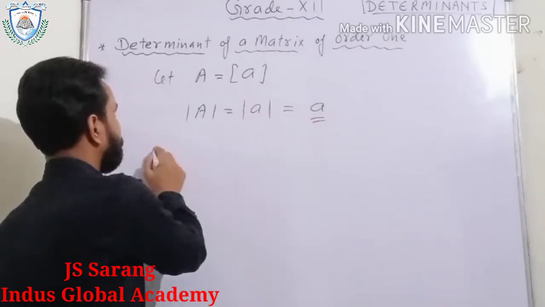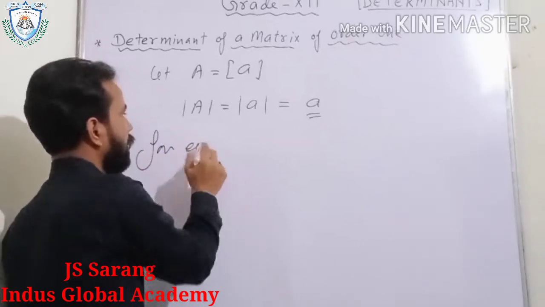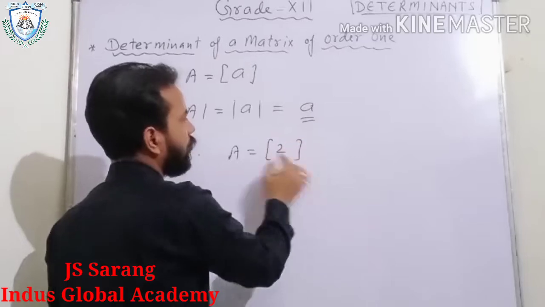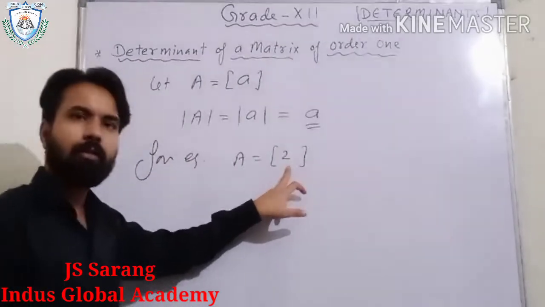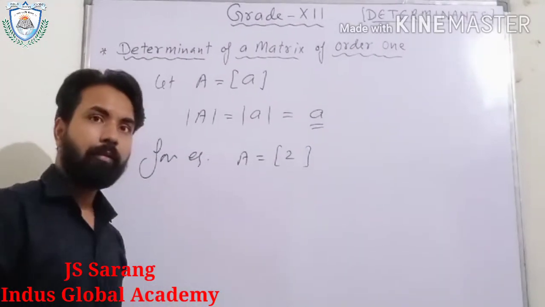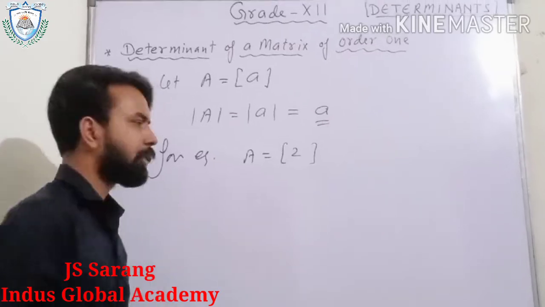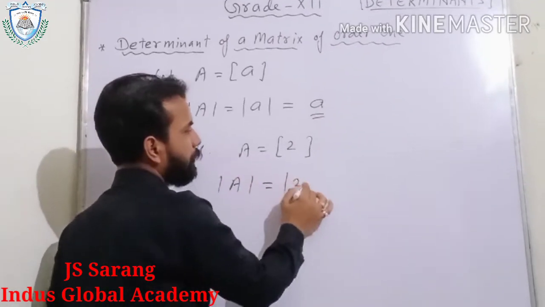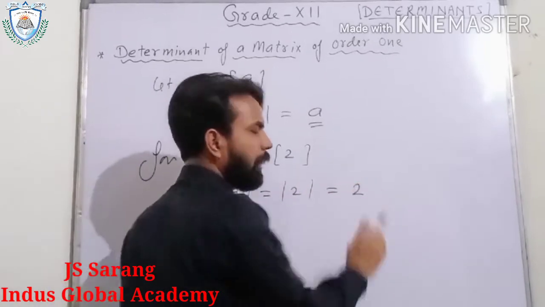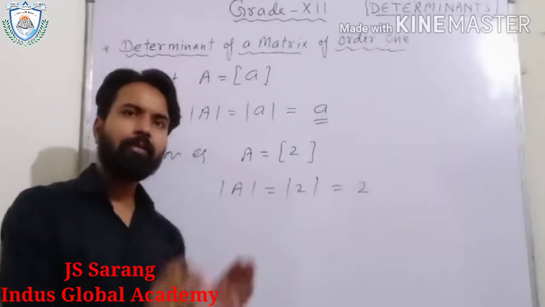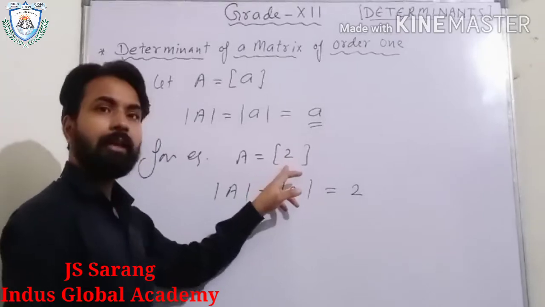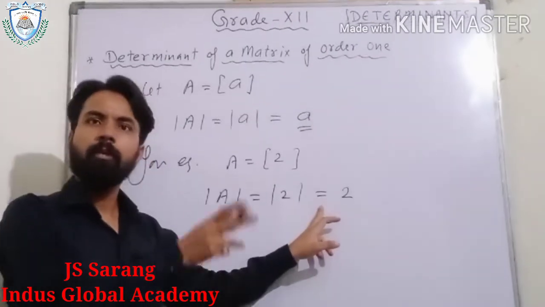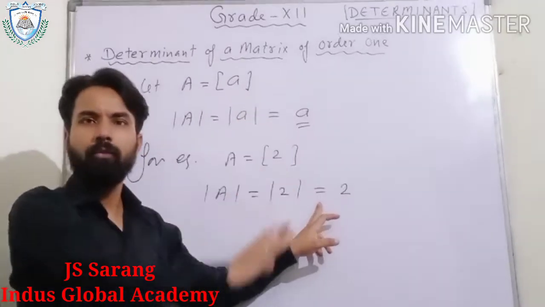For example, I am considering another matrix of 1 by 1 order whose element is only 2. In a 1 by 1 matrix there is only one element, so its determinant value will be 2 only. Whatever the element is, that will be the value of the determinant of a 1 by 1 matrix.